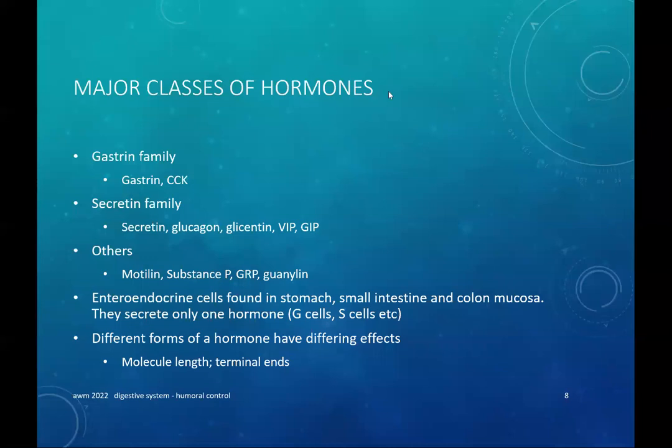Also, differences in the terminal ends will alter the activity of that hormone. So you can have some hormones that are very similar, apart from one having a longer chain made up of more amino acids than the other. That's how you're going to get differences occurring.